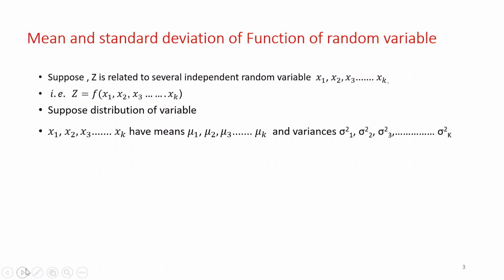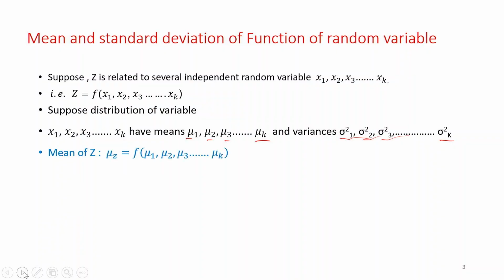Suppose the variables x1, x2, x3 up to xk have means mu1, mu2, mu3, mu_k, and variances sigma 1 square, sigma 2 square, sigma 3 square, sigma k square. So each variable x1 has a mean which is mu1 and standard deviation sigma 1, variance sigma 1 square.